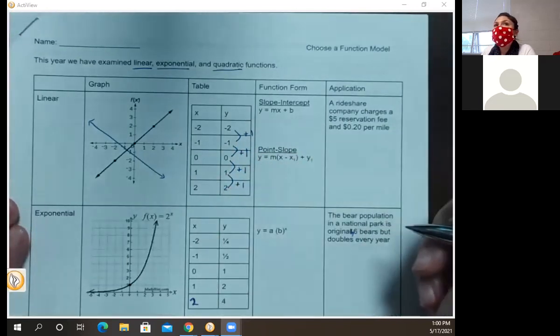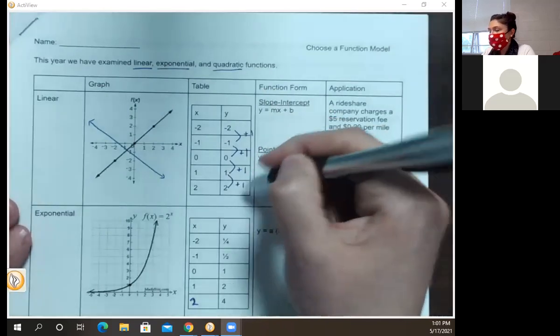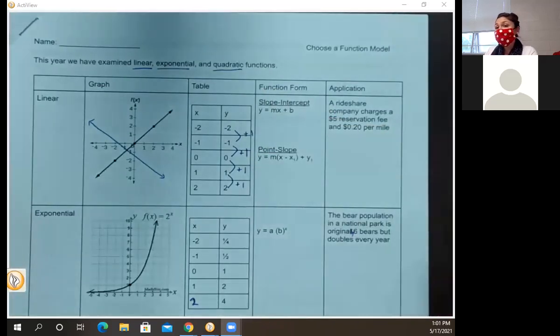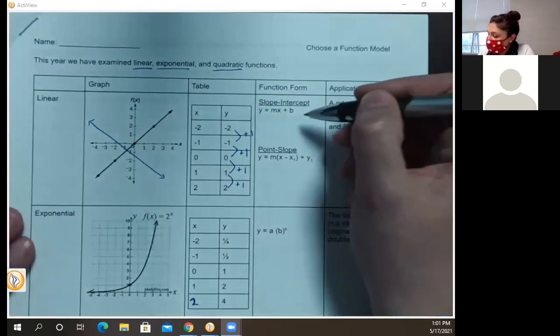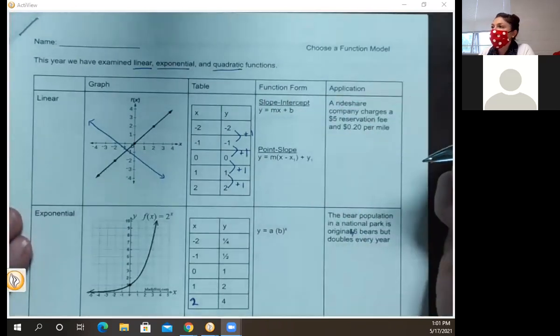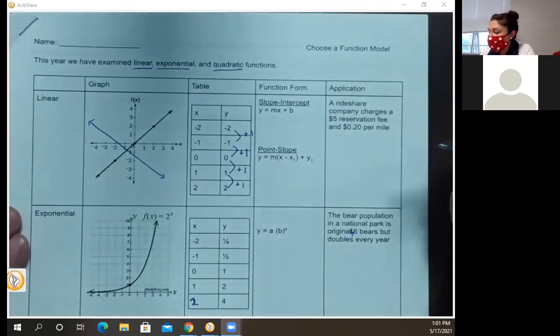So we're adding the same number every time for those y values for a linear function. Now, in this case, it was 1. I could be adding 7 every time. I could be subtracting 4 every time, as long as I'm doing the same thing every time. That's a linear function.